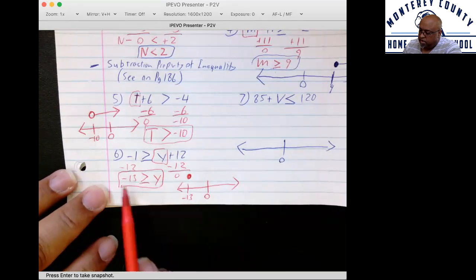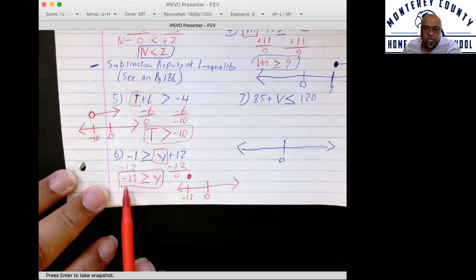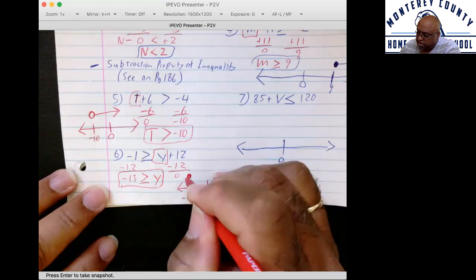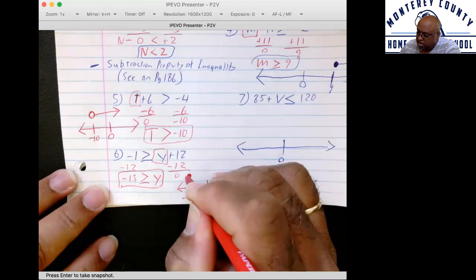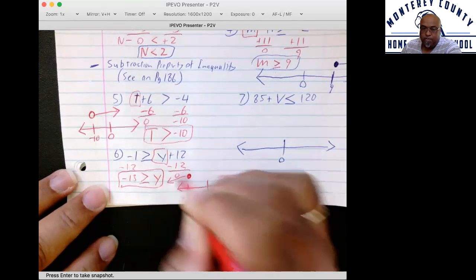So if -13 is greater than or equal to y, then the opposite should be true. Y is less than or equal to -13. Okay, less than. So less than implies that I am pointing my arrow down.